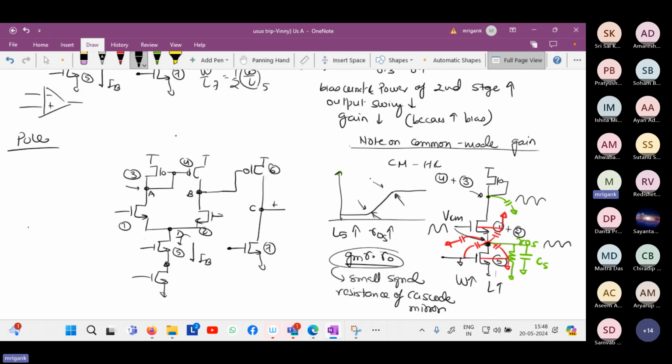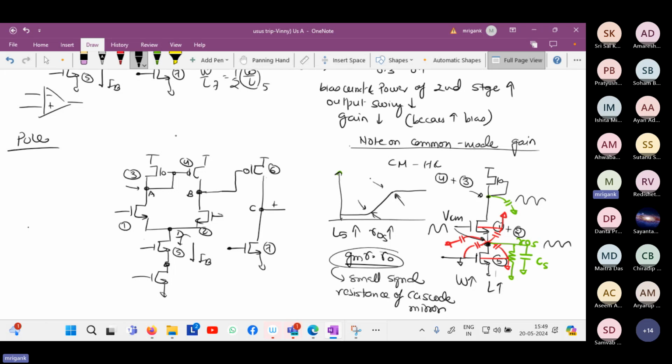Which voltage swing will decrease? Where will the voltage swing decrease? Yes, anybody else who can explain better? Answer is partially correct, but he's not able to answer where. What swing will reduce?